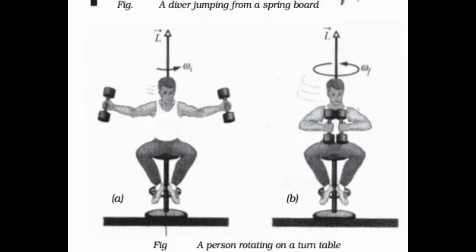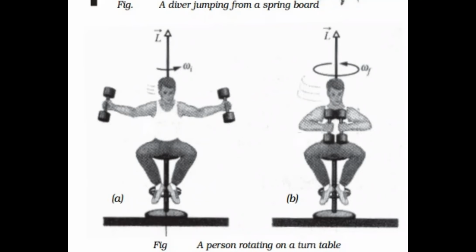If they want to reduce their speed, they will open the arms, they will stretch the arms. The moment you stretch the arms, you are trying to increase the distance. So the distance will increase, the moment of inertia will definitely increase. If moment of inertia is increasing, the speed of his rotation will decrease. So in case he wants to slow down, he will always open the arms.